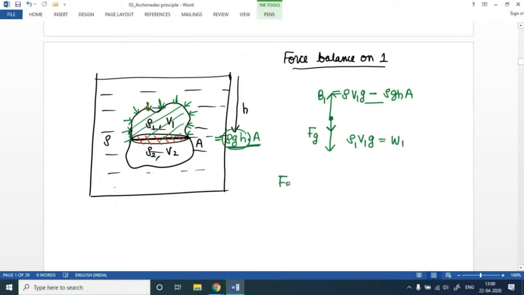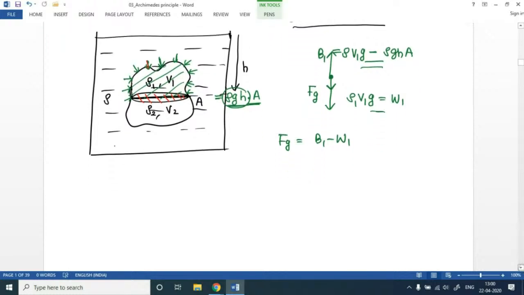So Fg would be nothing but B1 minus W1, and the values of B1 and W1 we have already found out.